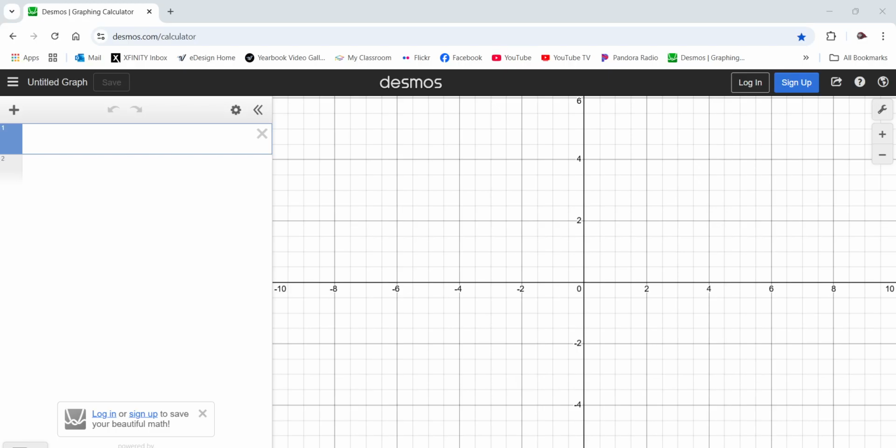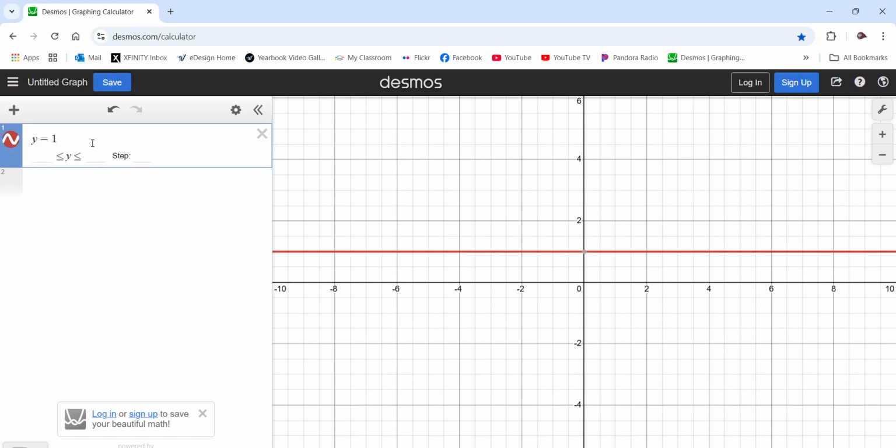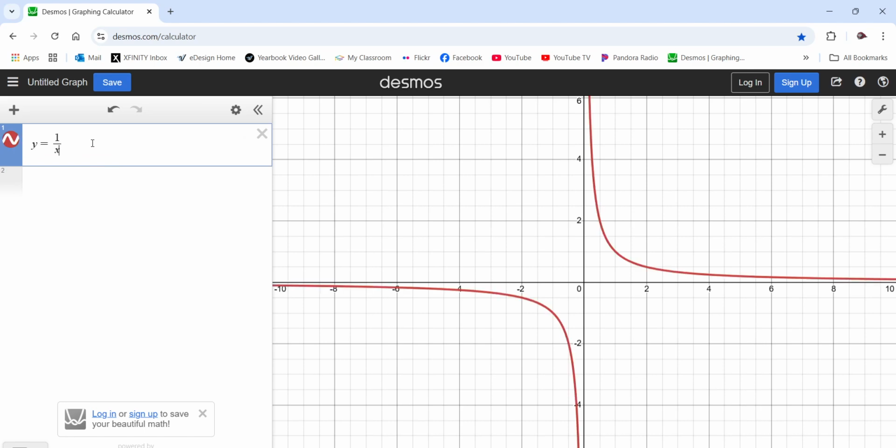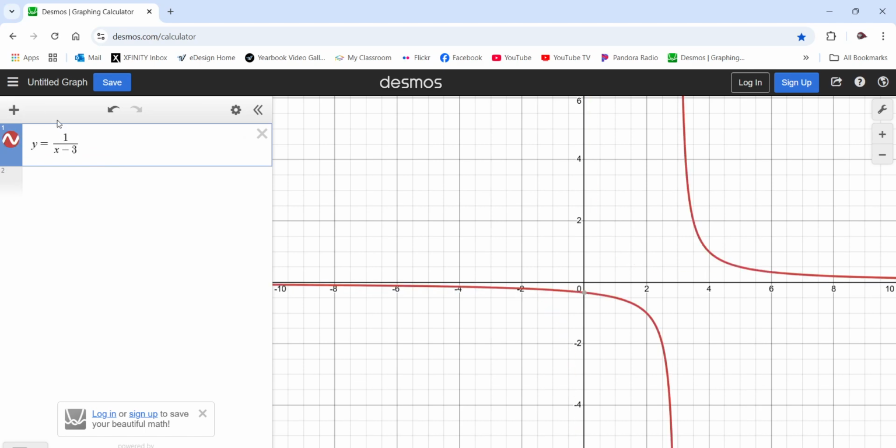There we go. All right, so what if I gave you y equals 1 over x minus 3? Now, pretend you don't see that 1 over x minus 3, okay? We're kind of working backwards here.